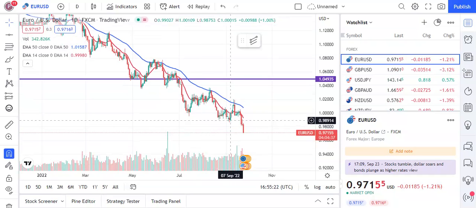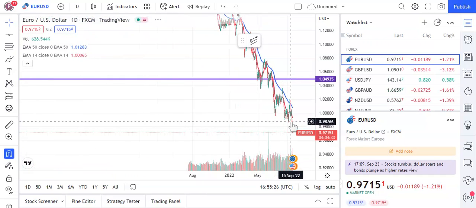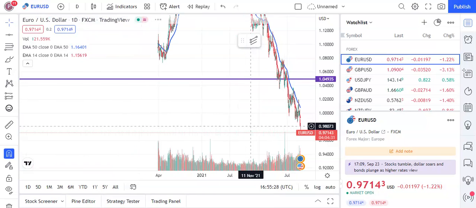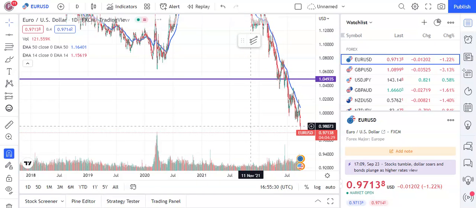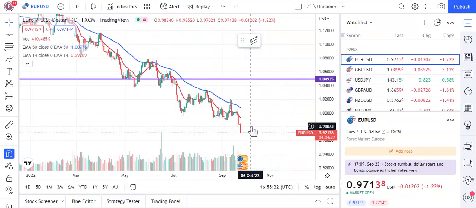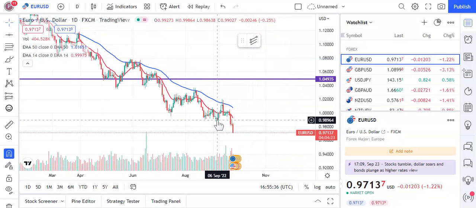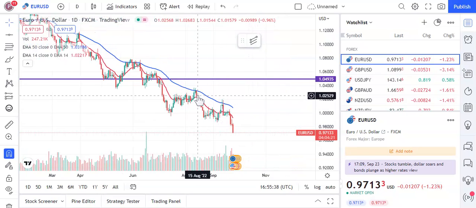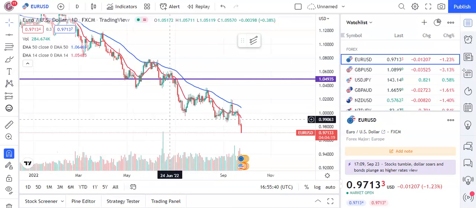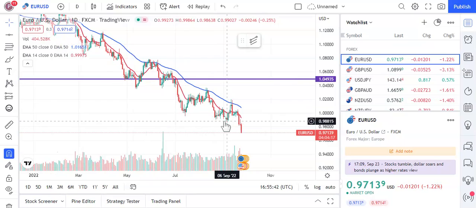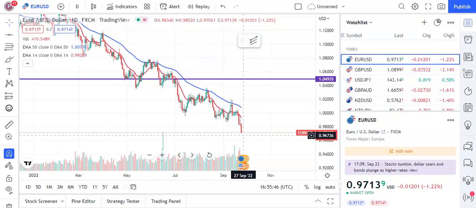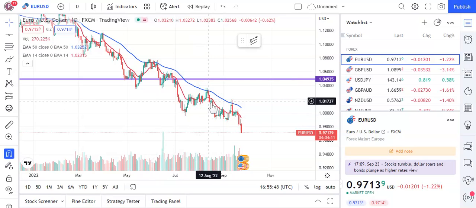As you can see, it's ranging here. Do I have anything recently here? Anything recently here? Okay. Can I say here is an area of support, much has been violated already.